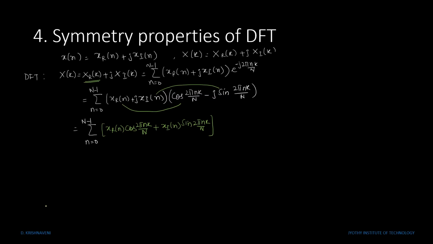Now multiplication of xr of n with minus j sin and j xi of n with cos, we'll get the imaginary part. I'll separate the summation and accordingly write.